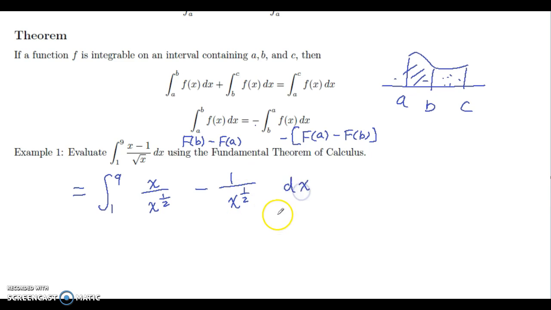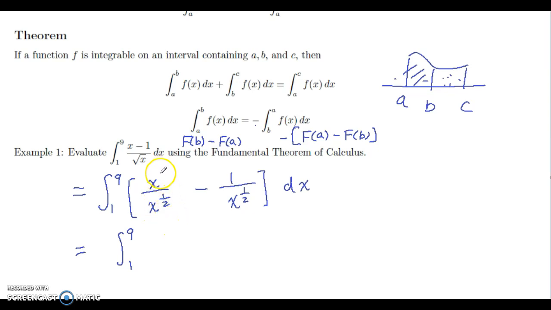dx. Now this is a difference of two functions, and you can also think of it as the sum of two functions, one with a negative sign. So we can break it down into smaller integrals, and you integrate term by term. The first function is x divided by x to the 1/2 power.